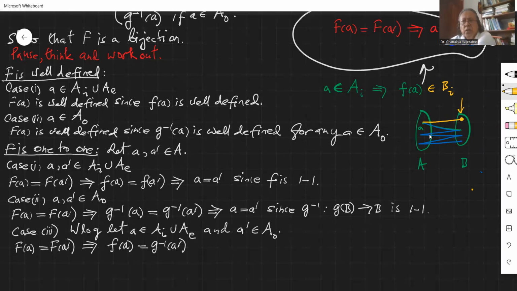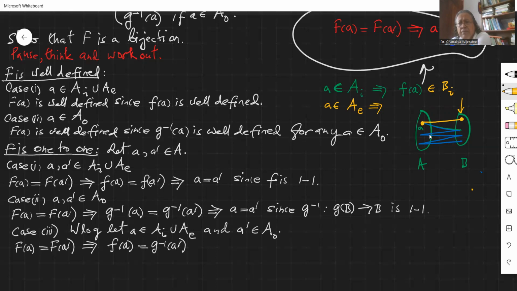So if A belongs to AE, then this stops, starting from A, goes like that.